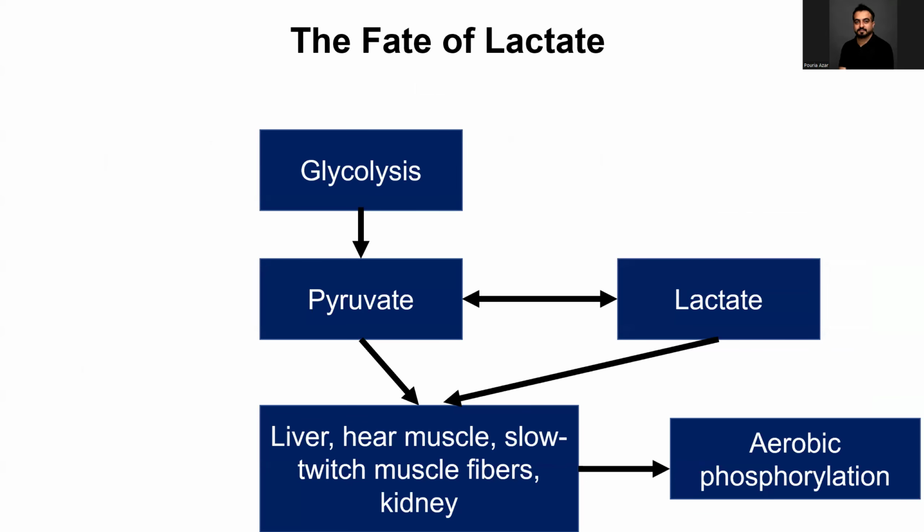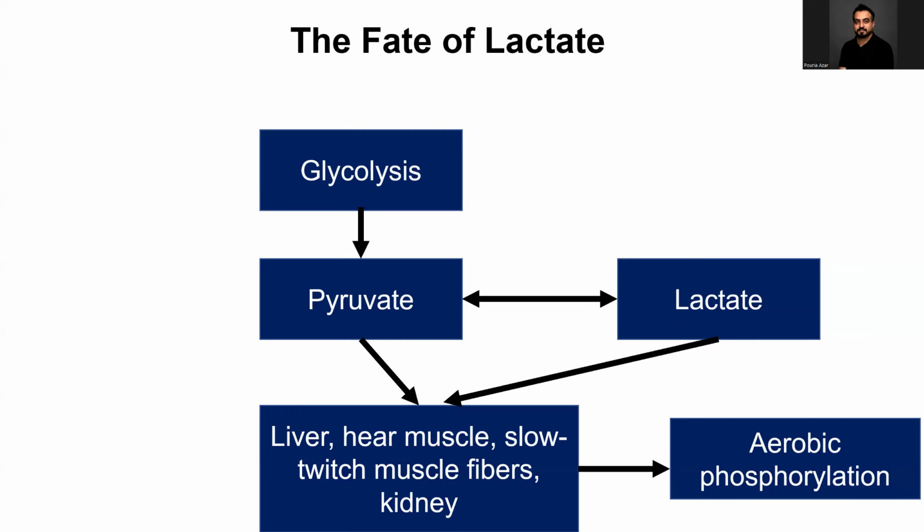Here is the fate of the lactate. From glycolysis, we get pyruvate. From one molecule of glucose, we get two molecules of pyruvate. Again, as I said, glucose is a 6 carbon molecule, but pyruvate is a 3 carbon molecule. So from one molecule of glucose, we get two 3 carbon molecules of pyruvate.